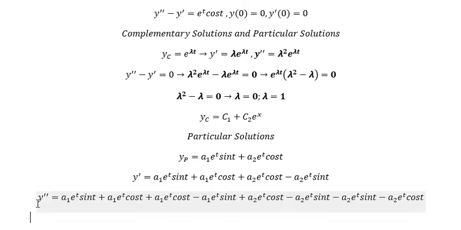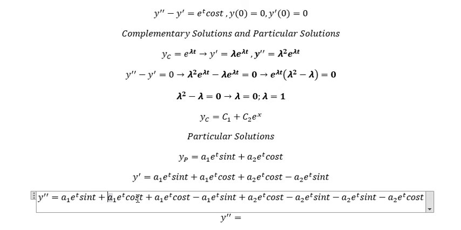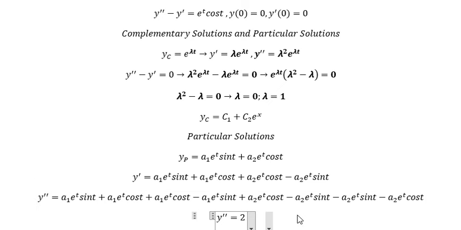Now we need to simplify this one minus this one plus this one, so you got about 2. This one minus this one, minus with minus, so you got about negative number 2.